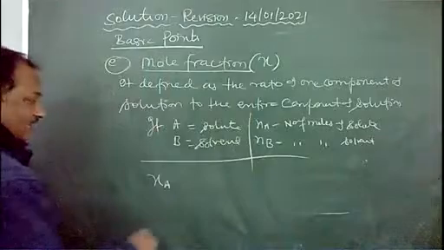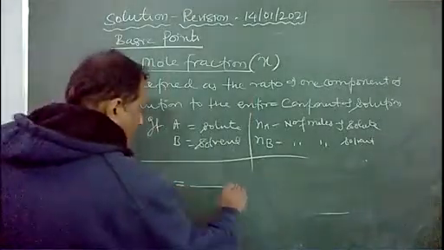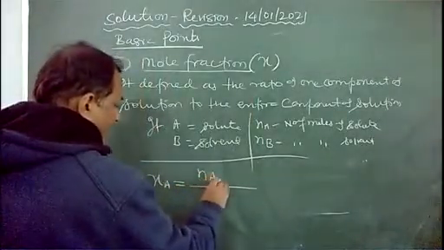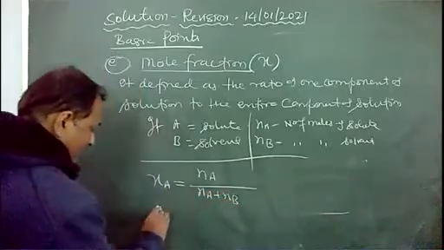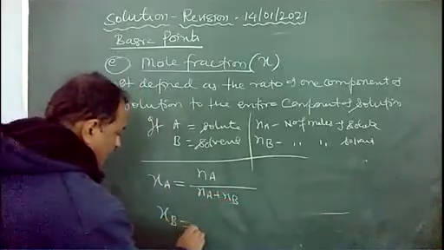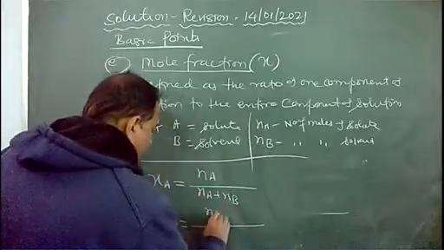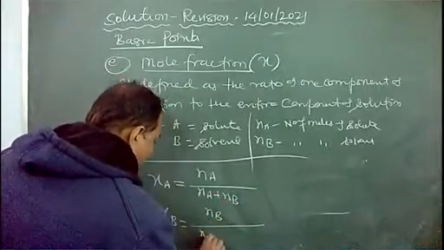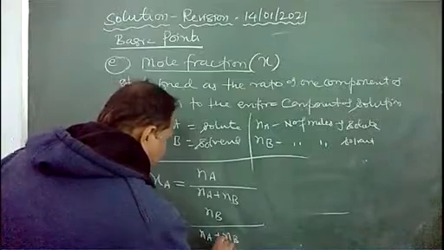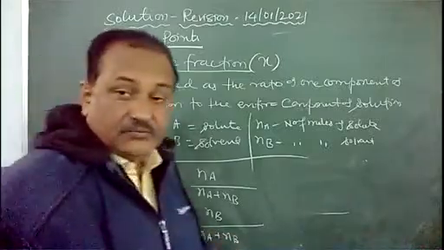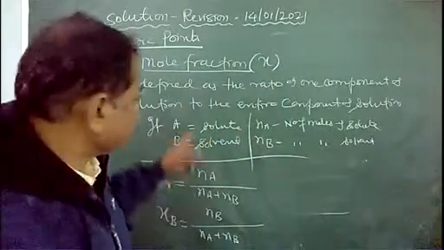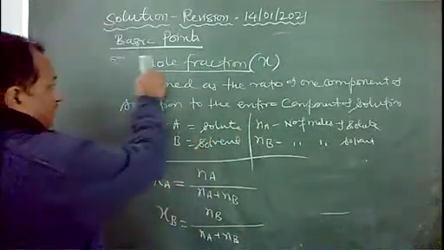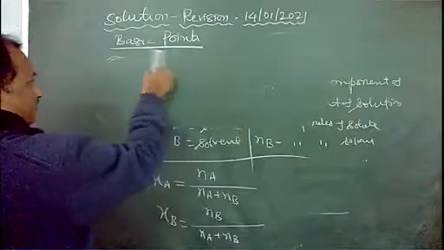So XA will be equal to NA upon NA plus NB. Similarly, XB will be equal to NB upon NA plus NB. This is very important to note, and this is nothing but the mole fraction.